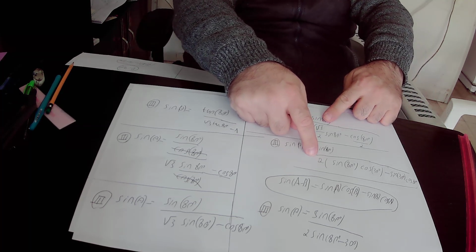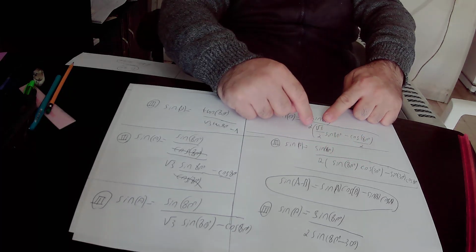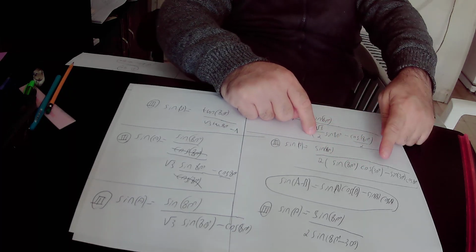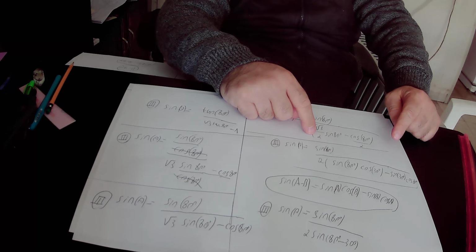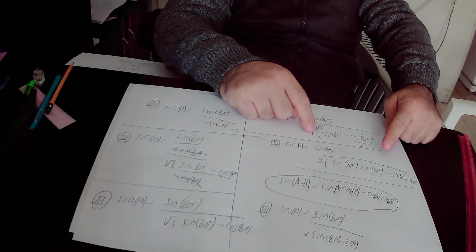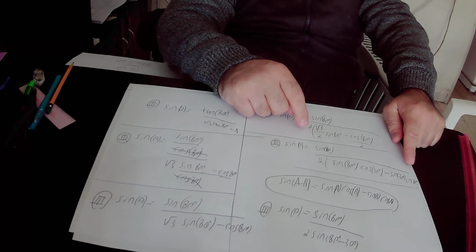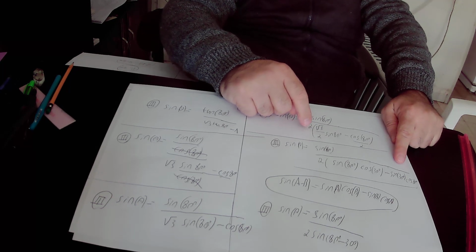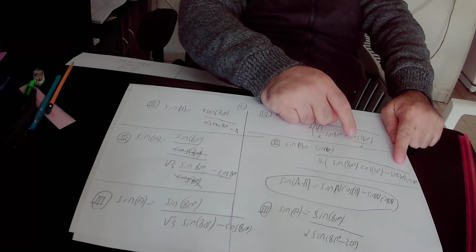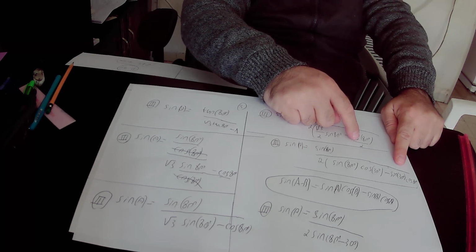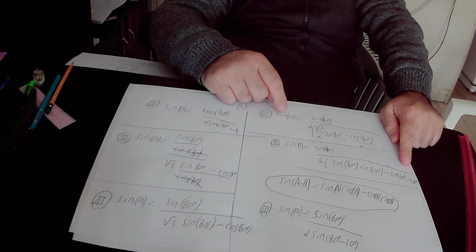square root of 3 over 2 is cosine 30 degrees, so we substituted square root of 3 over 2 by cosine 30 degrees, and we have also here sine 30 degrees times cosine 80 degrees, and 1 over 2 is sine 30 degrees, so we substituted 1 over 2 by sine 30 degrees.